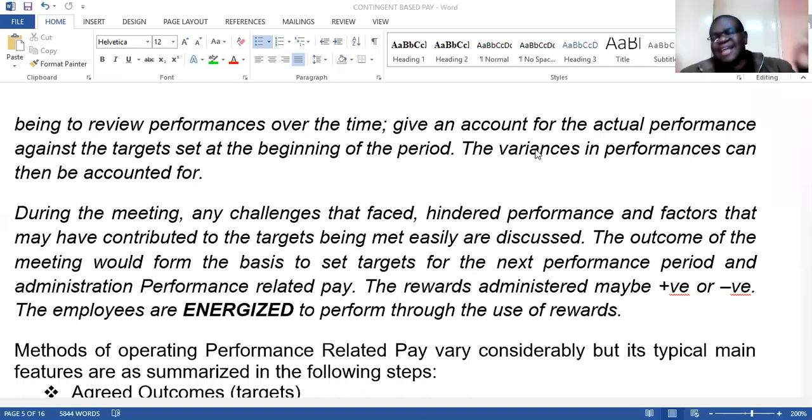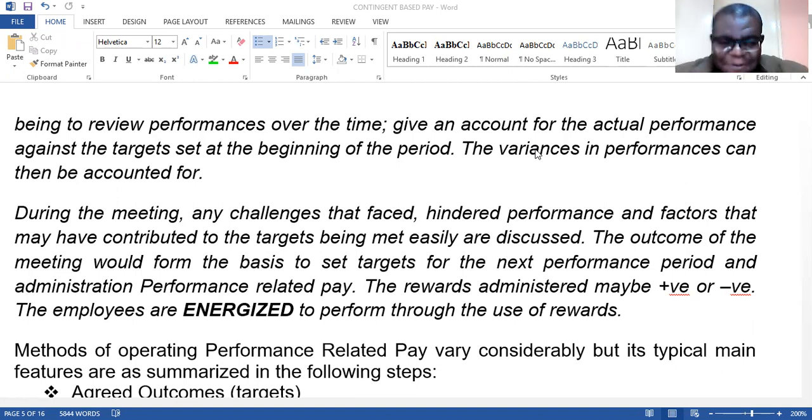Then once we understand the performance for the period and the factors that may have contributed, we set targets for the next period. If you easily met and surpassed your target, we may set you more challenging targets for the next period. Depending on how you perform, we may set you more challenging targets, or we may even retain the same targets or lower the targets a bit.